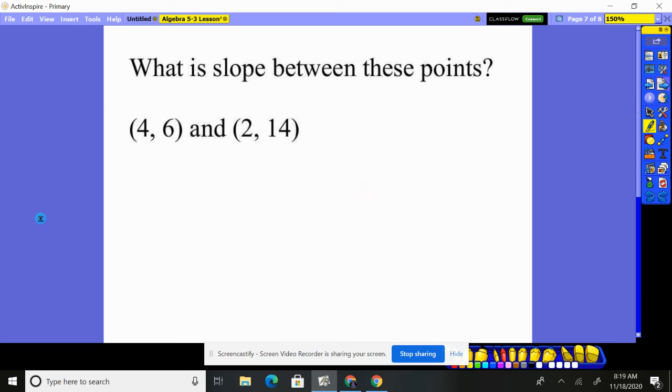Let's look at another one. Slope between these points. I could graph these, but I don't have a graph, and it's just easier to say, hey, the slope, rise with the Y's, run to the exit. Subtract my Y's over subtract my X's. And again, I'm going to do 14 minus 6. And since I start with a 14, I must start with a 2 and do 2 minus the 4.